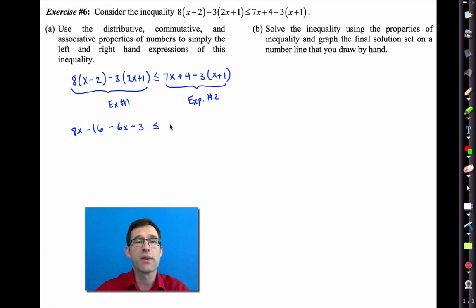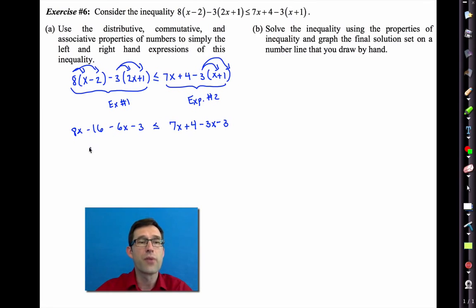We're just manipulating those expressions. So on the right-hand side, nothing with the 7x plus 4, but then we're going to distribute that negative 3 and get negative 3x minus 3. So we distributed an 8, we distributed a negative 3, we distributed another negative 3.